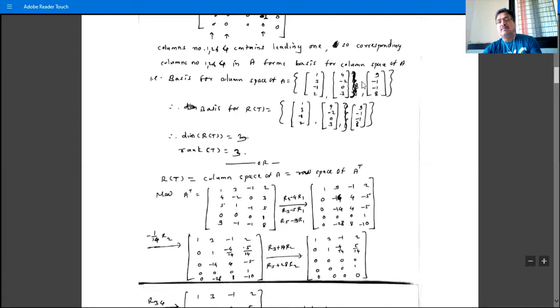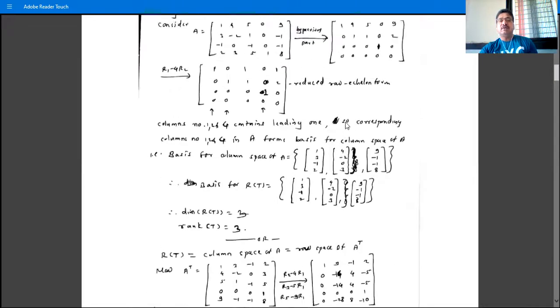But the number of elements in this set is 3, and therefore this answer is unique. That is, the number of elements in the basis of RT is 3. Everyone has 3 vectors in the basis of RT, but these vectors may be different from this. It depends on your calculation.